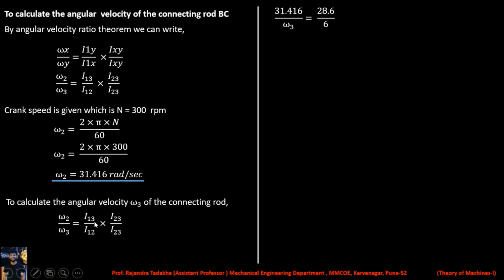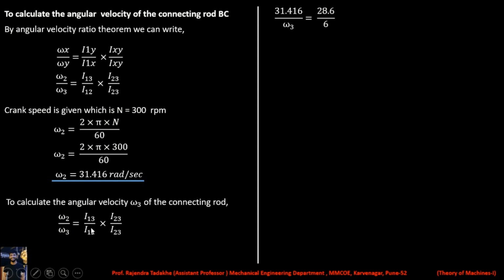Then we have to go to the configuration diagram and measure the distance between I13 and I23. That distance comes 28.6 centimeter or 28.6 units.